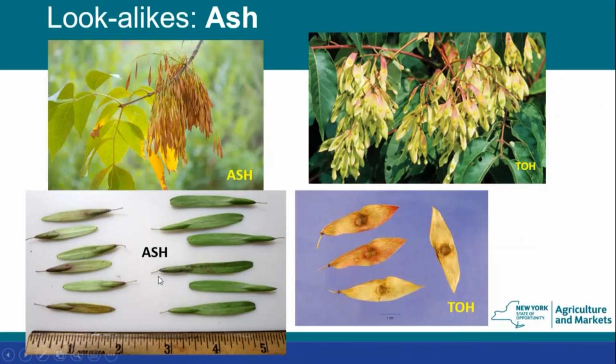If it's towards the center or more towards the tip, it's tree of heaven. So when you're looking up, sometimes it's a little hard to distinguish from the ground if that cluster of single samaras is tree of heaven or ash. But when you look at the individual samaras, it's very easy to tell. And they're about the same length, about 1.5 inches, 2 inches long. So, all right, next page.